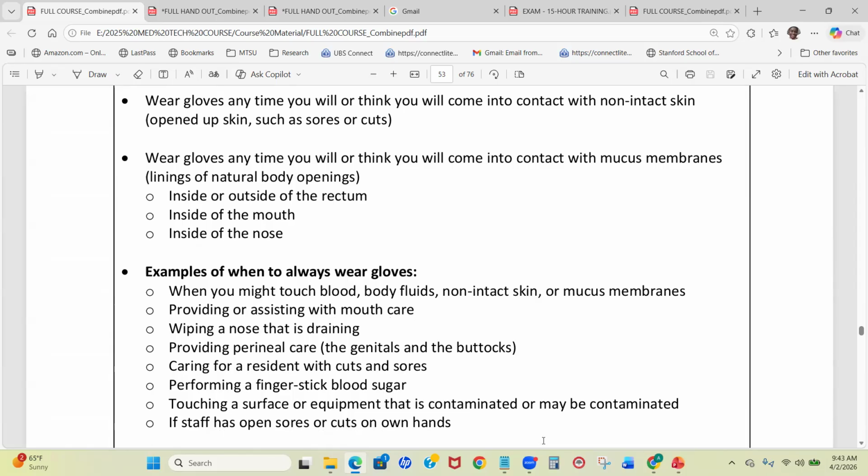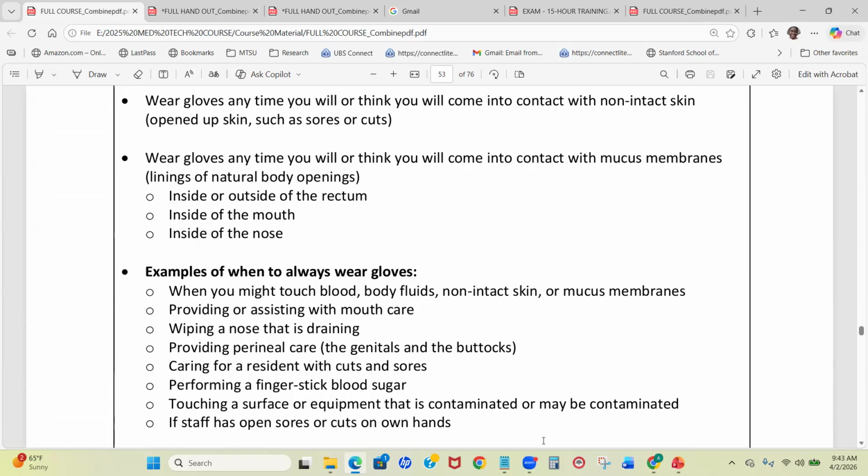So if they have an eye infection that morning and they have eye drops, and you use your bare hands and accidentally touch the eye, it's not good. You're going to get infected, because some of these eye infections are infectious.